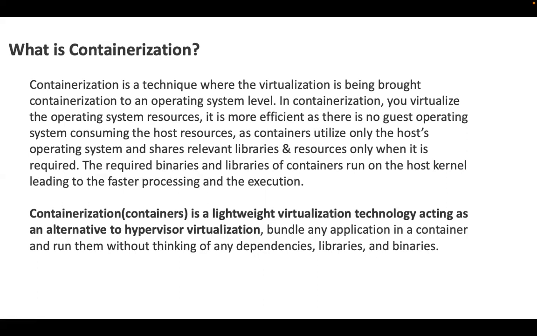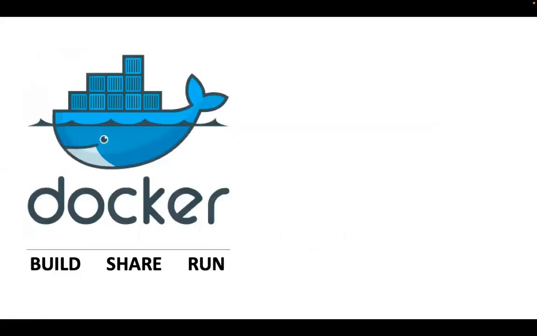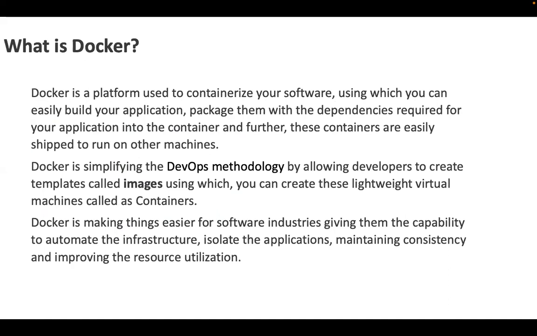That's why in the very beginning it says, build, share, and run anywhere. That means in Docker, we can build our applications, our product, on any platform, share it anywhere, and then run it without worrying about the dependencies, right?